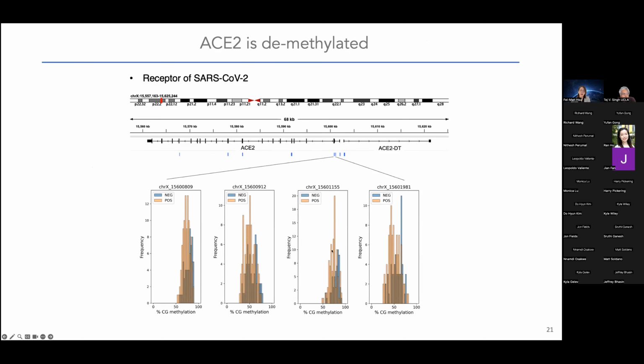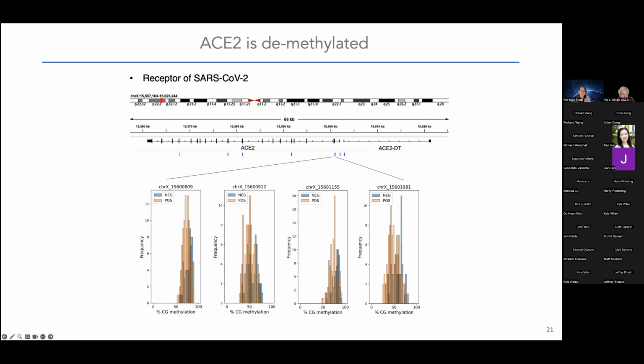These regions are hypomethylated. Colored in orange are the CMV positive patients, but they are more methylated in those CMV negative patients. So this is just an example showing that we are finding the locus regions that actually have impact and showing the methylation distributions in different groups.